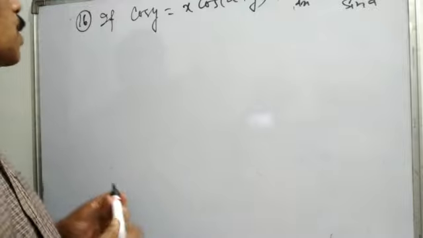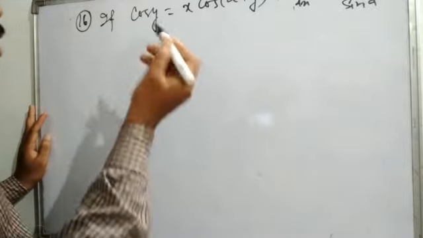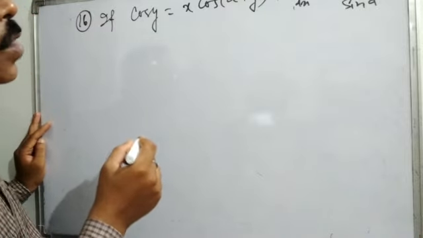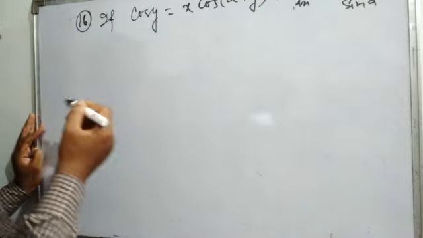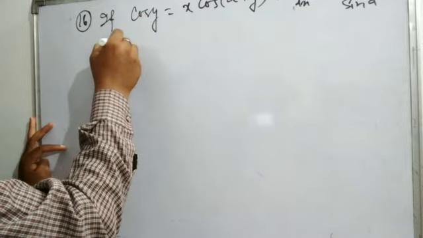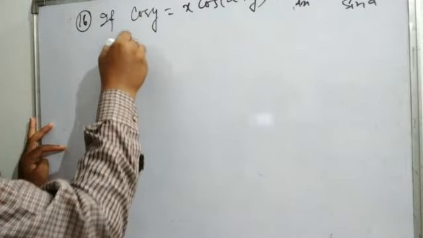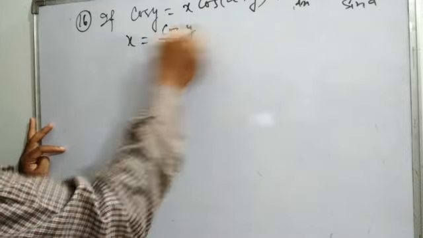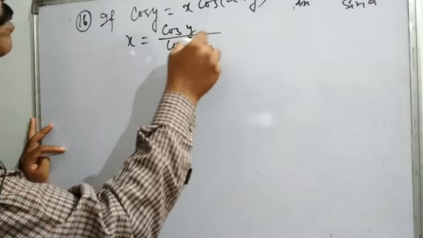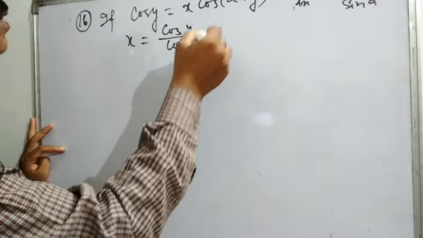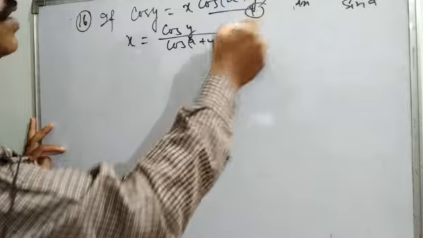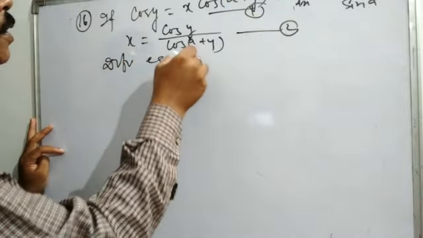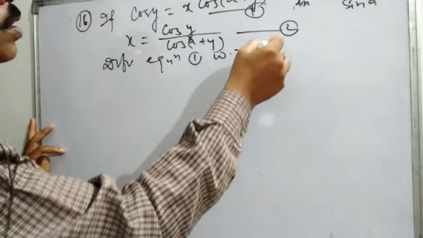Now question number 16, also in the miscellaneous exercise: cos y is equal to x cos(a plus y). You have to prove that dy/dx is equal to cos square(a plus y) by sin a. It is also a very important question. So from this relation we can write x is equal to cos y by cos(a plus y). This is equation 1, this is equation 2. So differentiate equation 1 with respect to x.